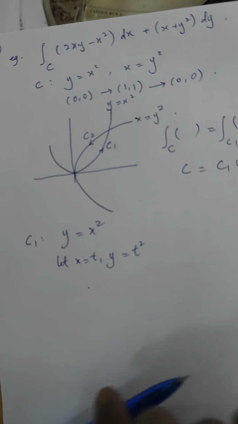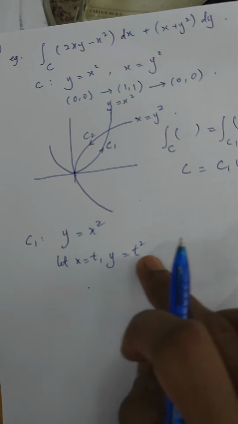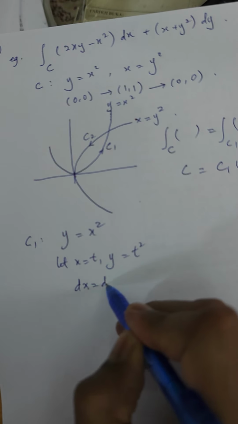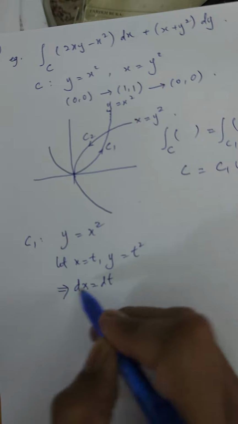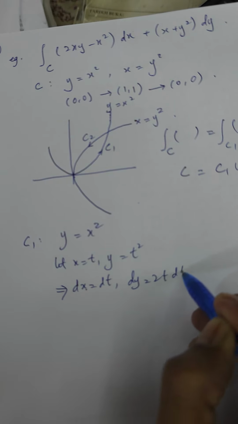Now if you let x equal to t and y equal to t squared, we can find dx, which is equal to dt, and dy, which is 2t dt.